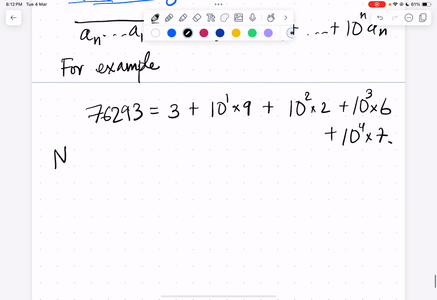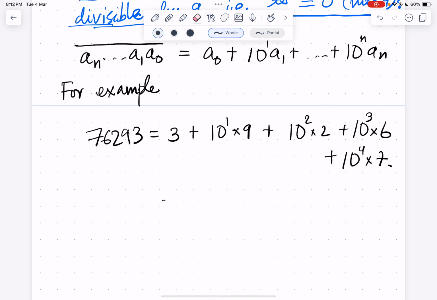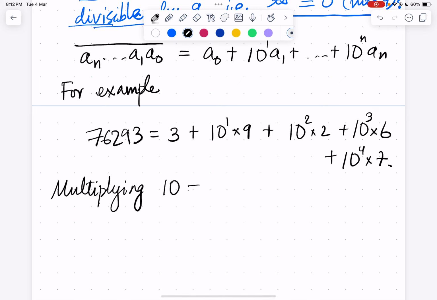Now, powers of 10 and the digits. 10 is congruent to 1 mod 9. So 10 is 1 plus 9, right?